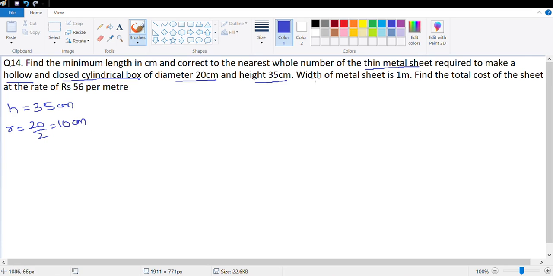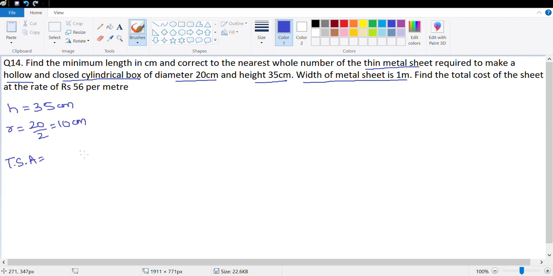Since we are talking about the metal sheet and the length required to make the cylindrical box, what we are talking about is basically the total surface area. So total surface area of a cylinder, not hollow, this is closed from both sides, so it is covered from both sides.